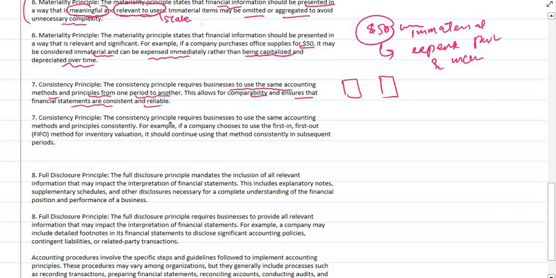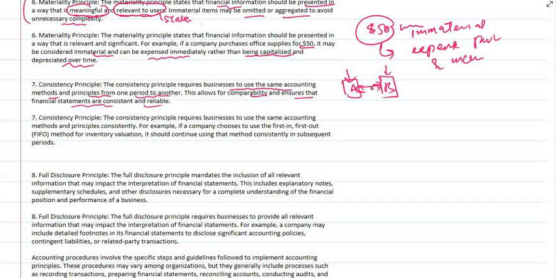According to this principle, you have to be consistent with the method and principle you are using in this period and this period, because it will be very helpful to compare these two accounting periods, and this will ensure the comparability will be useful for the user.